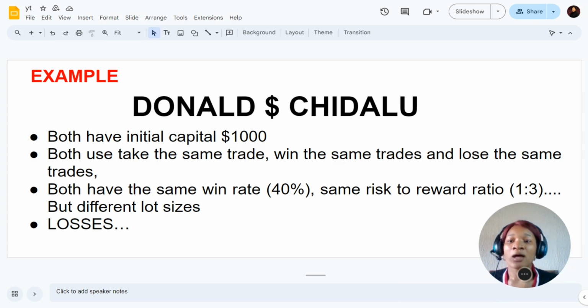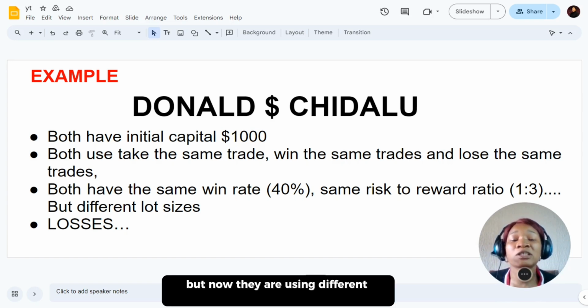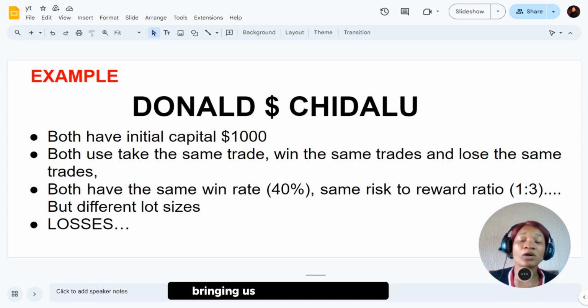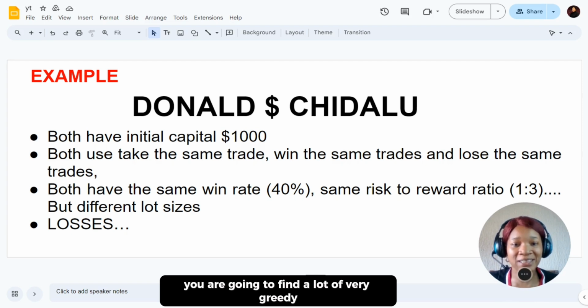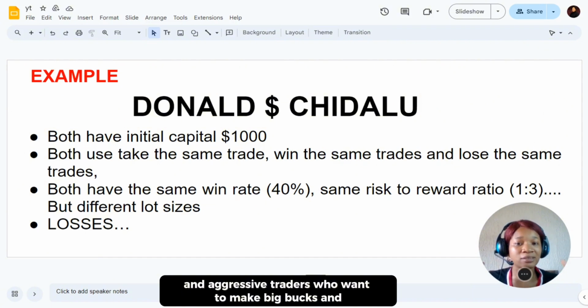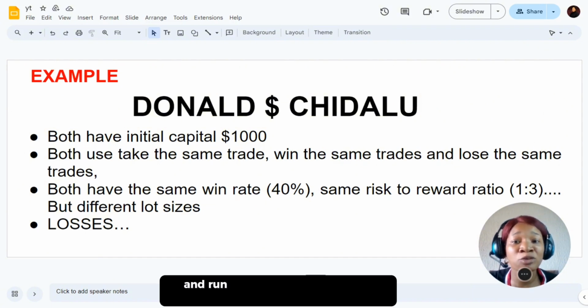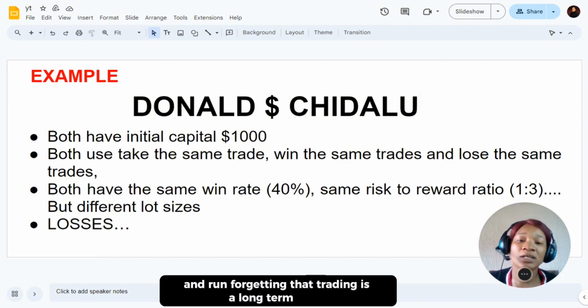But now they are using different lot sizes. Again, bringing us back to what I said initially, that in the forex market you're going to find a lot of very greedy and aggressive traders who want to make quick bucks and run, forgetting that trading is a long-term game.